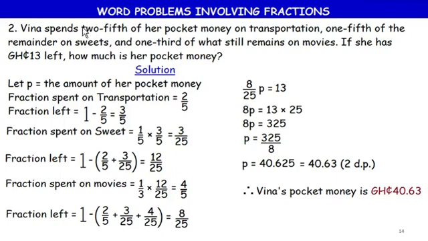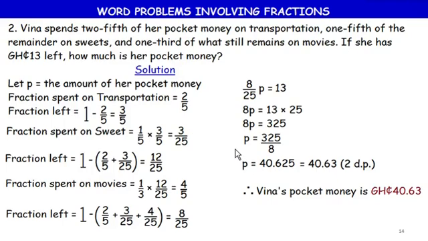So you try to read it and then you interpret it in a mathematical sense. If you are saying 2/5 of, you know that of has to do with multiplication, and you know that 2/5 is 2 over 5. Whenever we are talking about fractions, the whole is always 1. That is why I kept subtracting the fraction from the 1, in order to get a remainder.